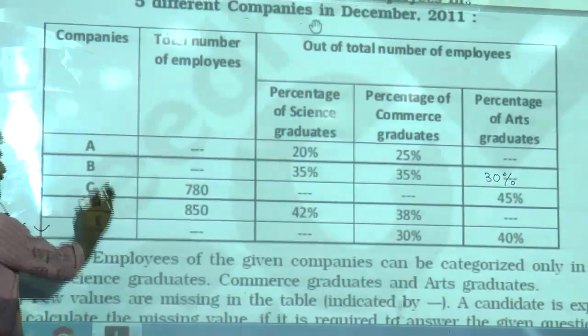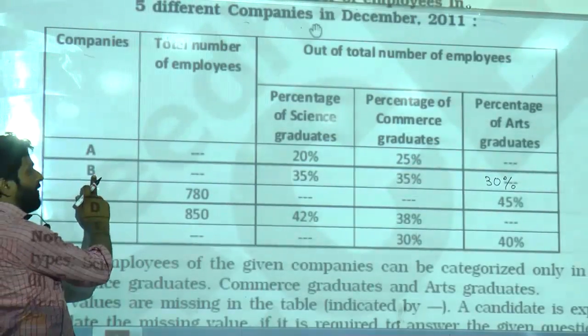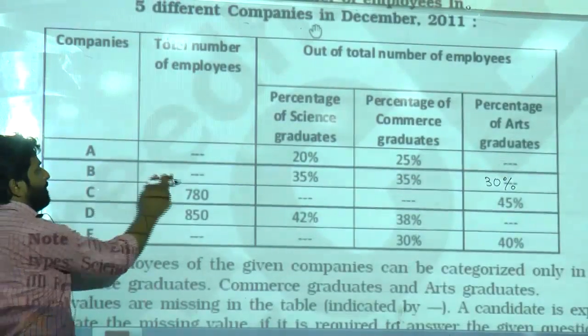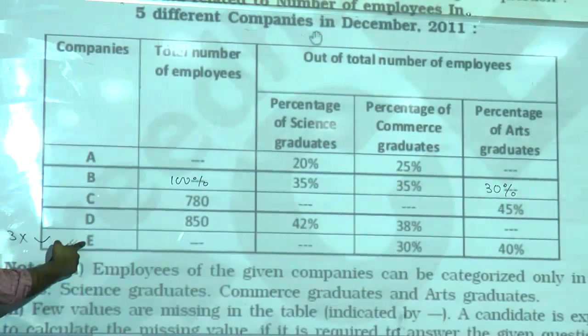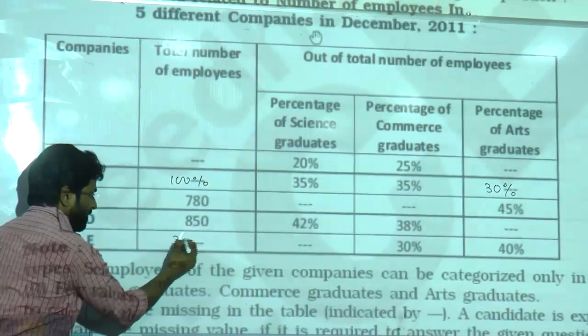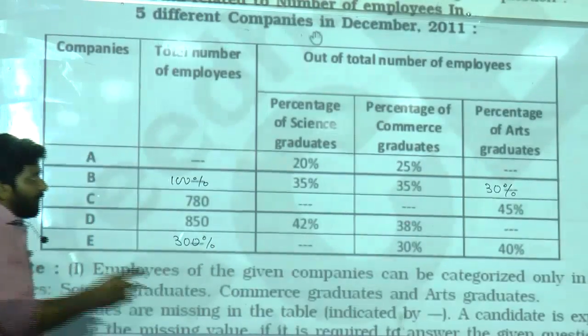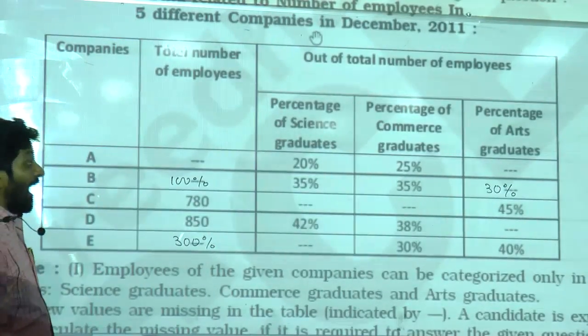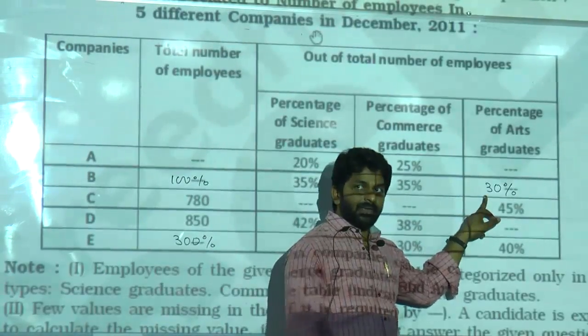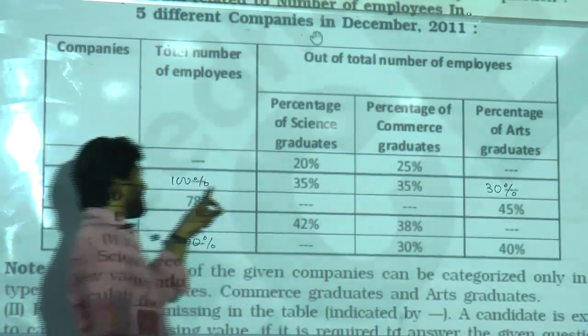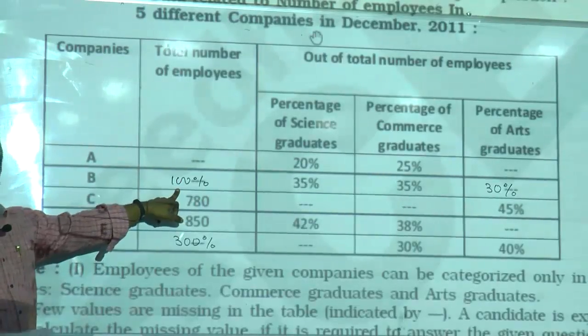Let me treat the number of employees in company B as 100%. The number of employees in company E becomes 300%. You are given the difference of arts graduates. How many arts graduates are there in terms of percentage from B? 30%. 30% of 100 is 30.